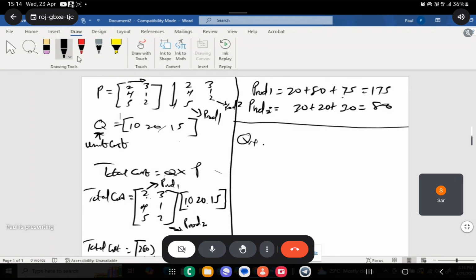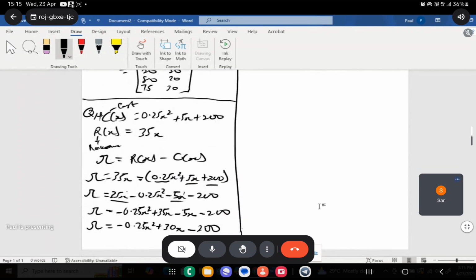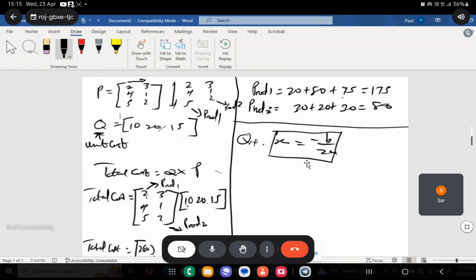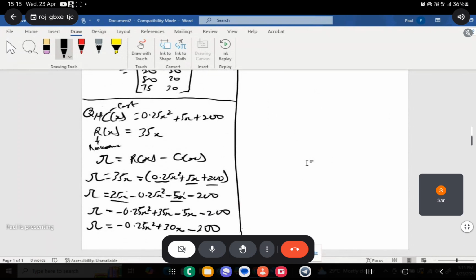So that profit is maximized either at x being equal to minus b over 2a, which is when you want to use a formula, but you can also decide to use the differentiation approach, whereby you differentiate the profit.